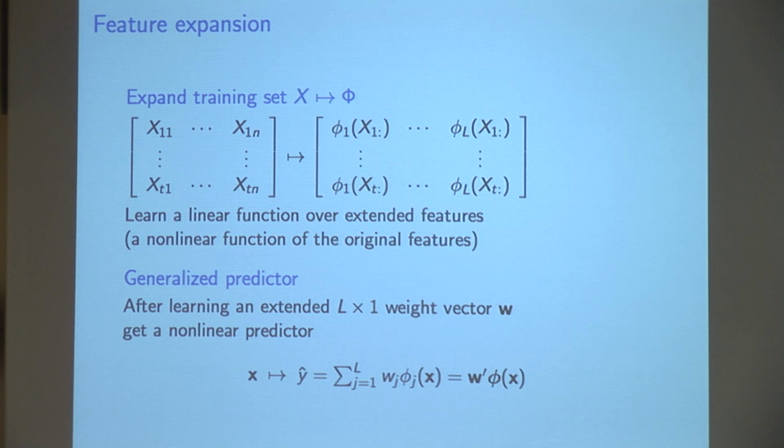So I map the original vector into some new vector in some new representation. Okay. I take my original matrix X and map it to a new matrix, say phi. Then what do I do? Well, I don't have to worry about anything. I just apply the same learning approach. I just learn some weight vector W, but over the phi representation. Same problem as before. In fact, you call the same code, right? You just solve for an optimal weight vector given whatever input matrix you care to use. Okay?